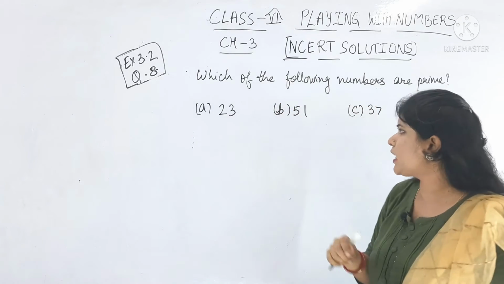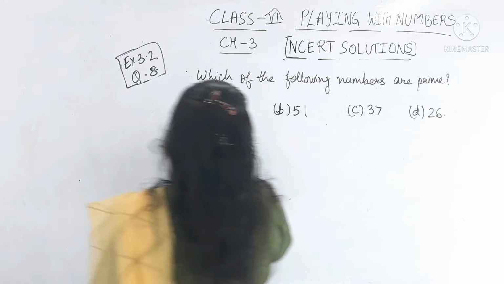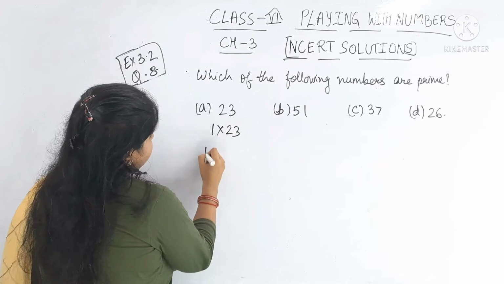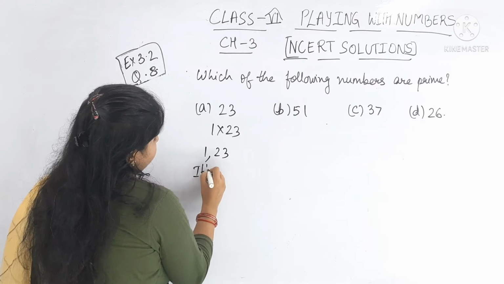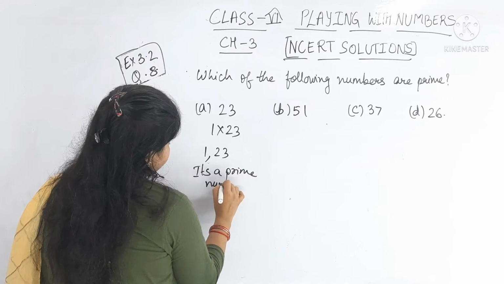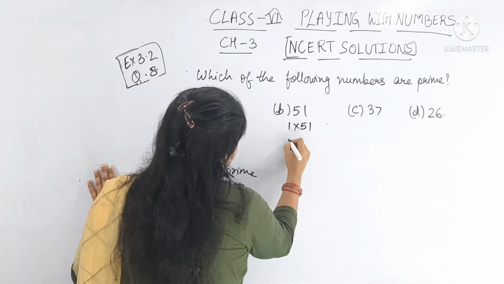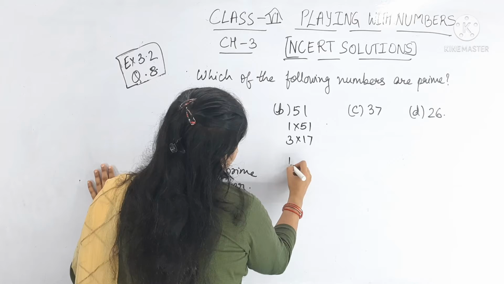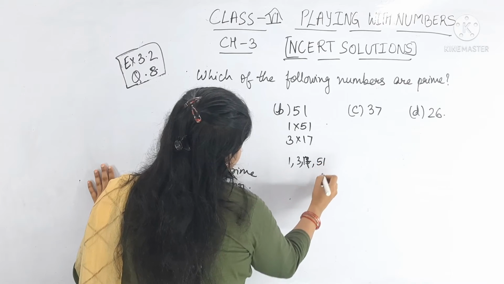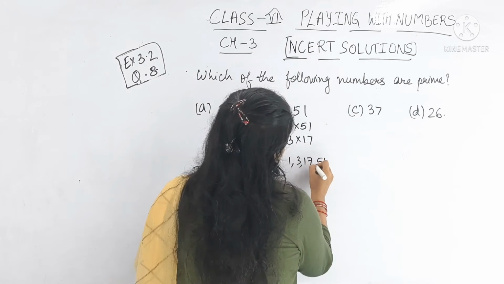Okay students, let's see question number 8. Which of the following numbers are prime? We have to say which numbers are prime from these numbers. So let's calculate the factors. 1 into 23, so here 1 and 23, so it's a prime number. 51: 1 into 51 and 3 into 17, so the factors are 1, 3, 17, 51.